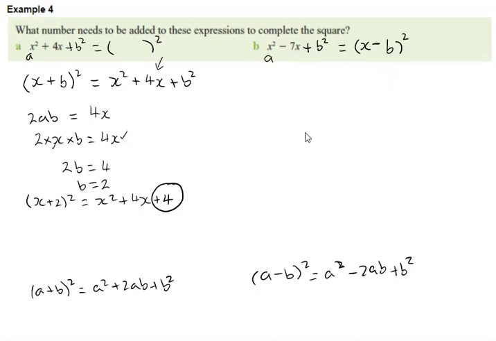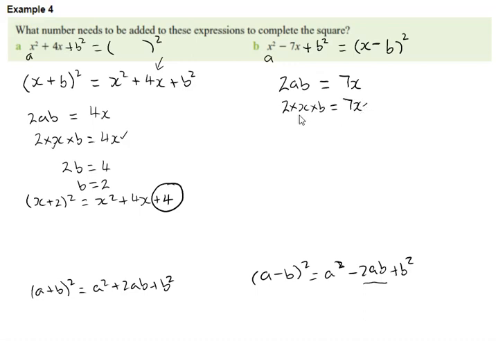So our middle term here, which is our 2ab term, is going to be 2ab equals 7x. Now I know that my a is x, so I can write this as 2 times x times b equals 7x.